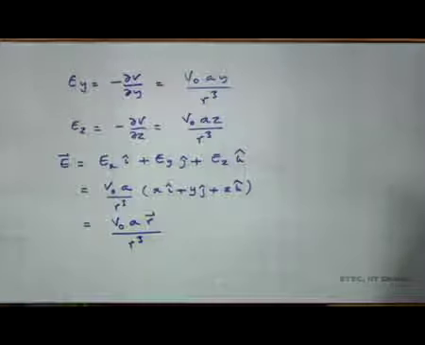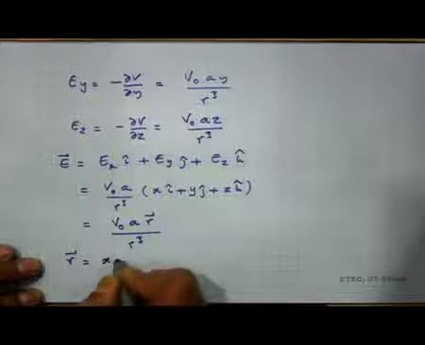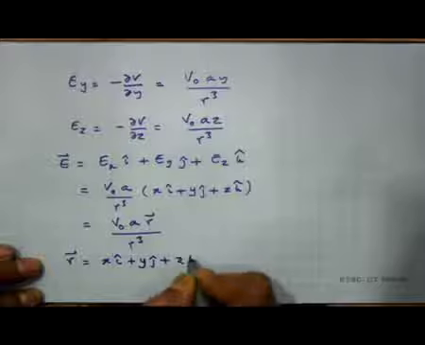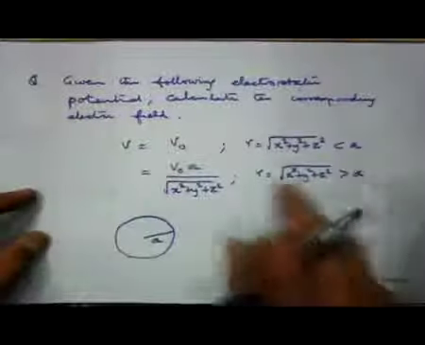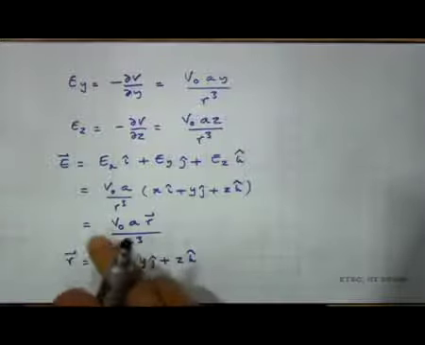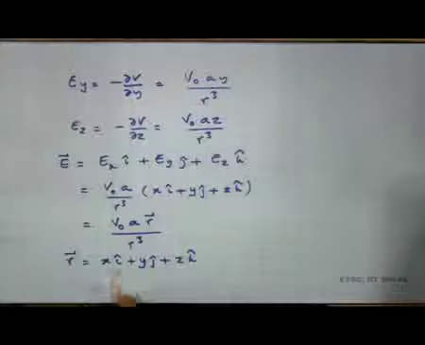And here r vector is nothing but x i cap plus y j cap plus z k cap. So, this potential distribution which I have written here corresponds to an electric field given by E is equal to 0 within the sphere, and outside the sphere the electric field goes as V naught a r vector by r cube.